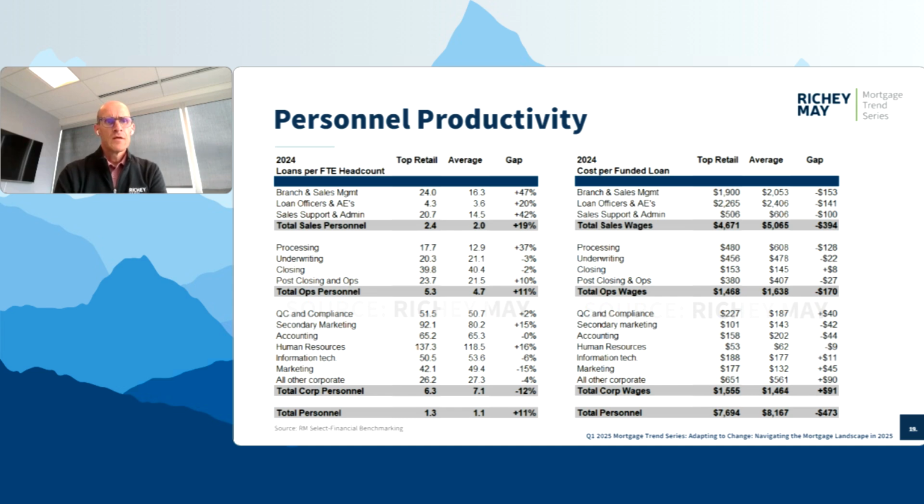I think what jumps out at you is you see a lot of them are very similar, but there are a couple of them that are different. They're definitely more productive in their sales ranks.